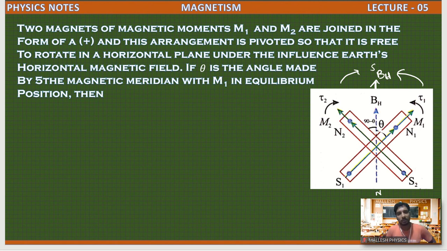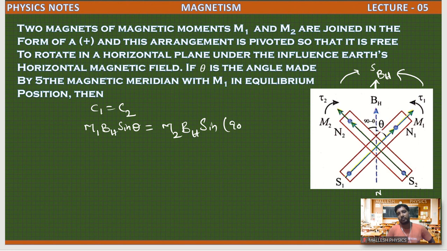In this position we can write C1 is equal to C2. What is C1? The couple acting on bar magnet 1. C1 is equal to mB sin theta, the formula you know. So here m is m1 and Earth's magnetic field is BH, so m1 BH sin theta is equal to C2, that is m2 BH sin of 90 minus theta. They are in the form of a plus, meaning 90 degrees, so if theta is with m1, then 90 minus theta is with m2.